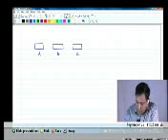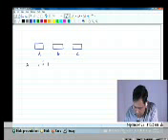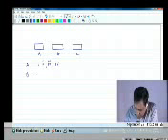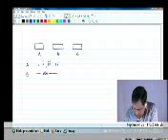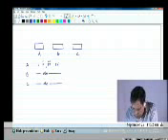Question number A has 4 choices, means there are 4 options: 1, 2, 3, 4. And question number B, again we have 4 choices. Question number C, again we have 4 choices.